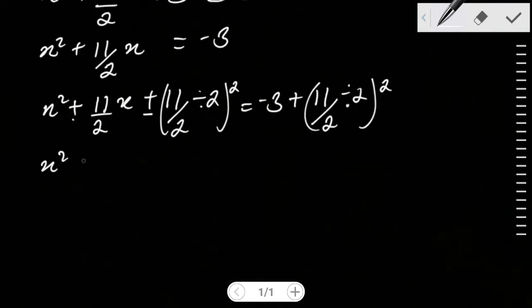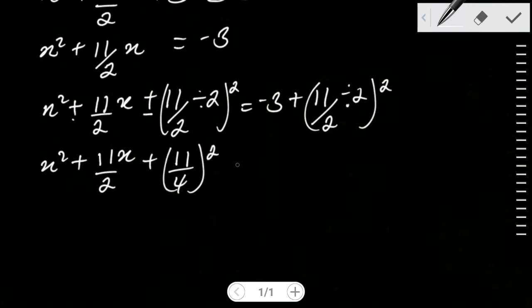x squared plus 11x all over 2 plus 11 all over 4, this is squared, which equals -3 plus 121 all over 16.